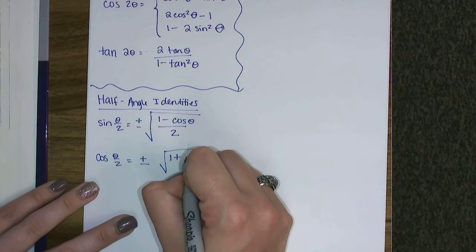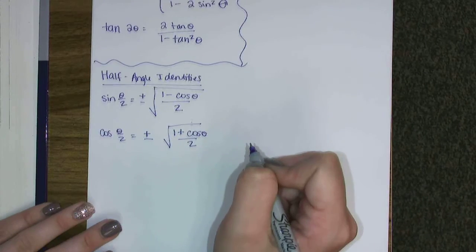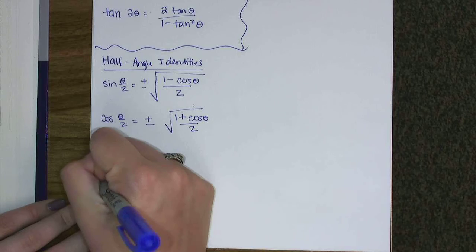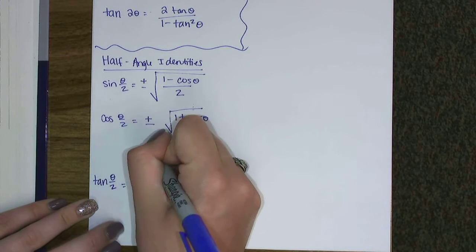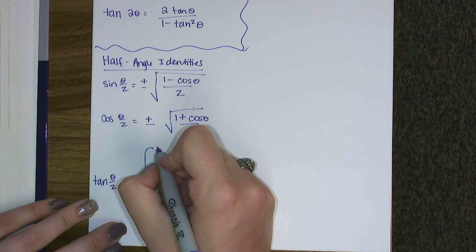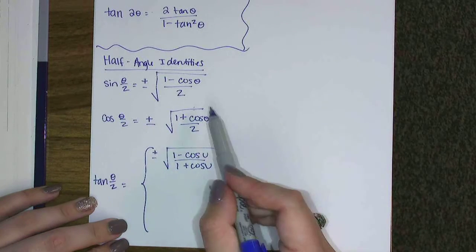And then tangent has 3 possibilities. The tangent of theta over 2 is equal to, first, plus or minus the square root of 1 minus the cosine over 1 plus the cosine. That's because tangent is sine over cosine, and the 2's would cancel.